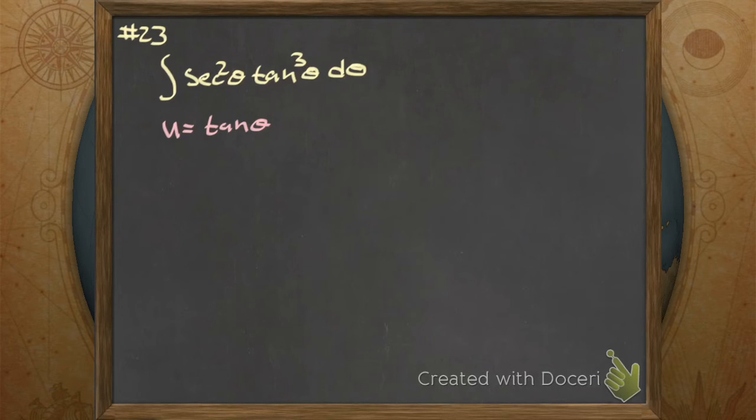That's what happens when we find our du. Our derivative of tangent is secant squared theta d theta.